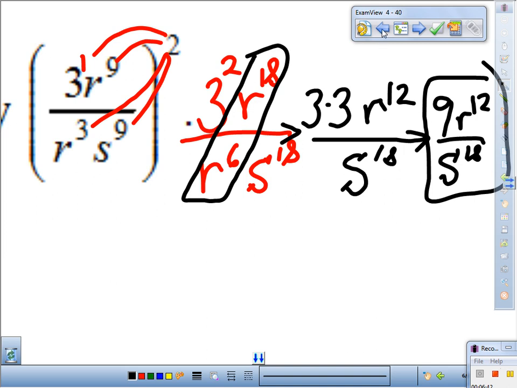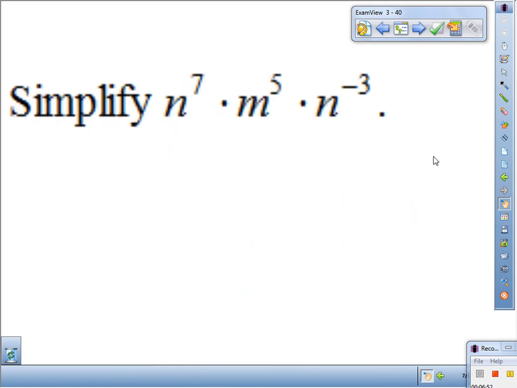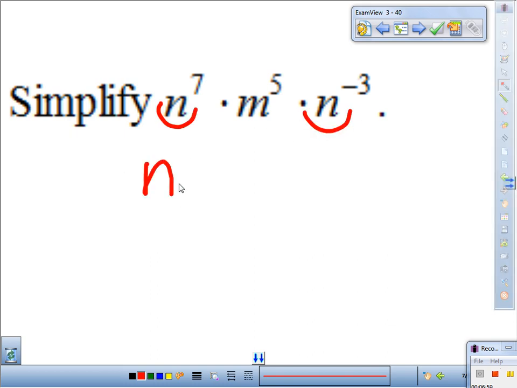Let's go to number 3. Number 3. N to the 7th and n to the 3rd becomes n to the what? 4th. Bring down the n to the 5th. Are we done? No. Why not?